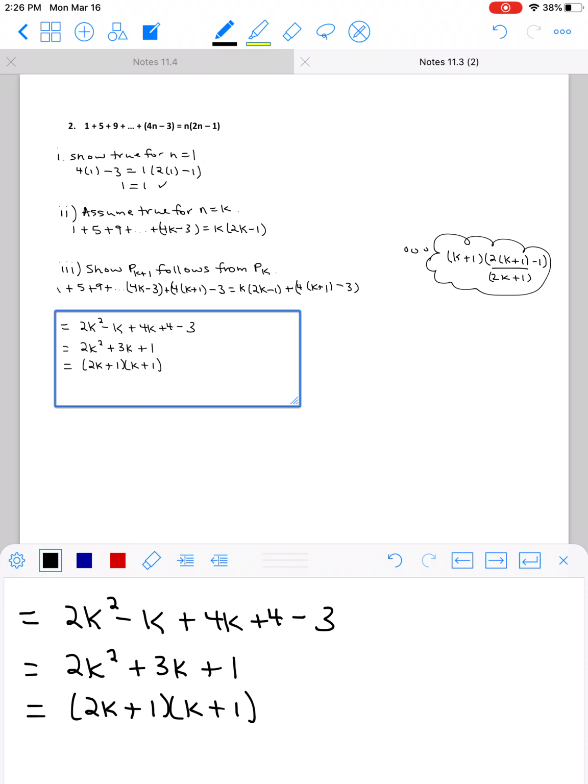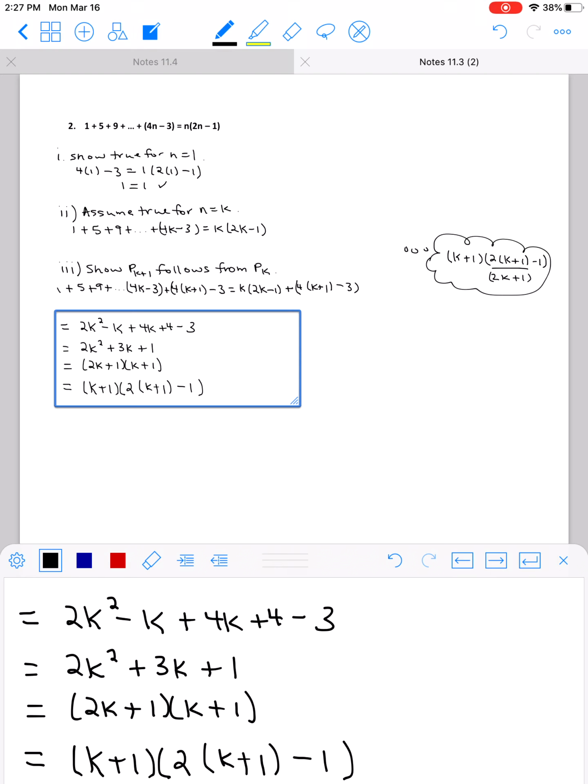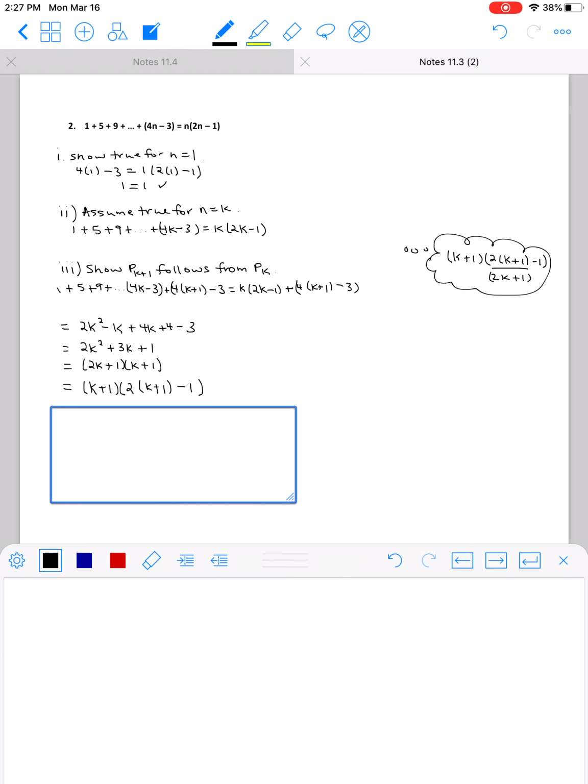And if you look carefully at what my thought was, I do have it. If I rewrite that as k plus 1, and then I rewrite the 2k plus 1, showing it's the k plus 1 term, and then once you have that, then lastly, you start with the last statement.